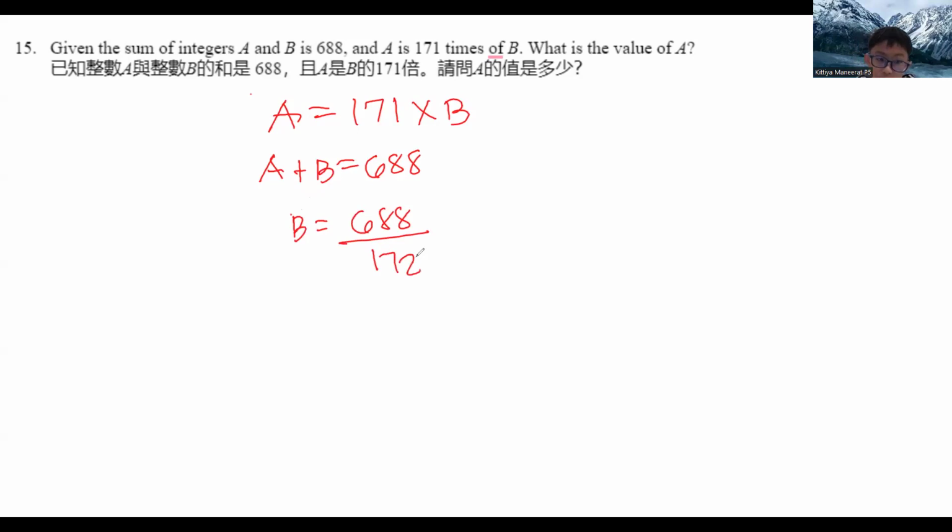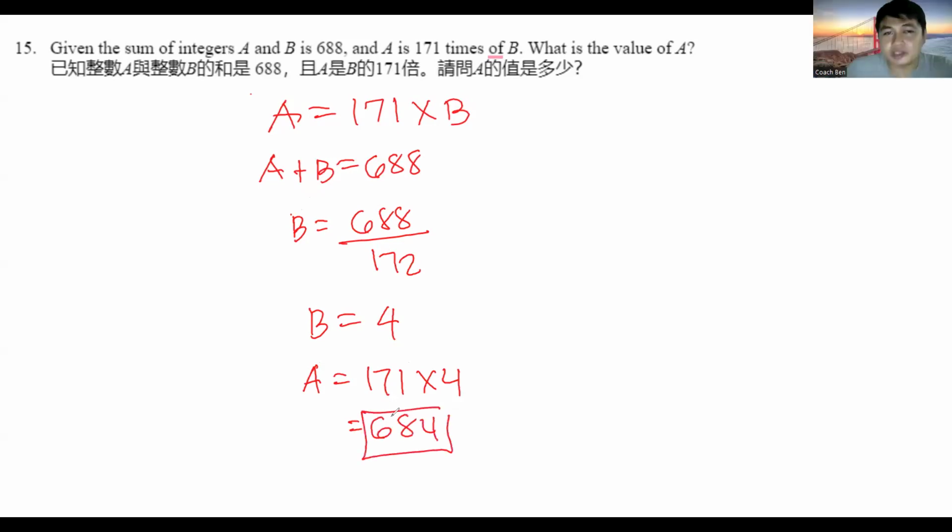So B is 4, and then A is 171 times 4, which is 684. Okay, very good. Since we're looking for the value of A, the answer should be 684.